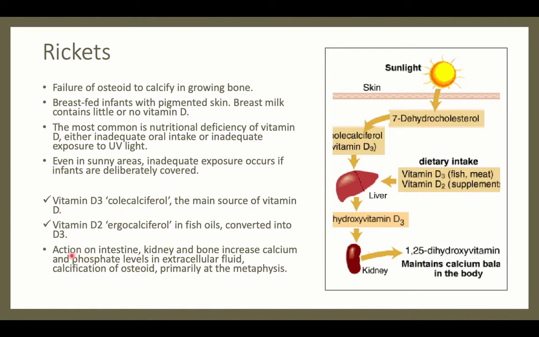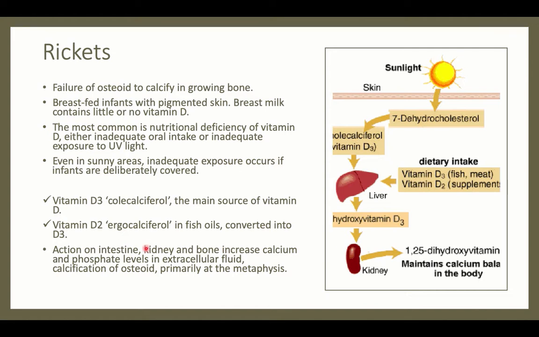The active form of vitamin D, which is 1,25-hydroxy vitamin D, has actions on the intestine, increasing the absorption of minerals of bone, which are calcium and phosphorus, and has actions on the kidney in the form of increasing the reabsorption of these minerals from renal tubules, limiting their excretion in urine, and has actions on the bone through stimulation of calcium and phosphorus deposition in bone.